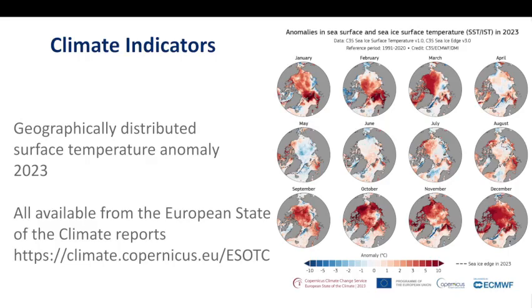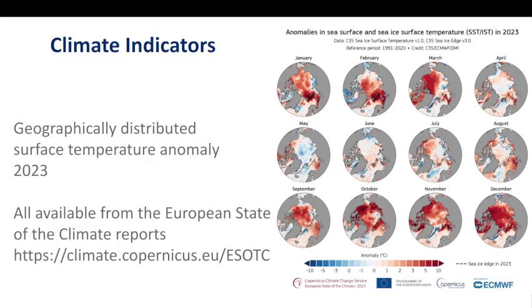But we also see some regions along the ice edge where the temperature has been cooler, and this coincides with regions and times where the ice extent has been larger than normal along the ice edge.